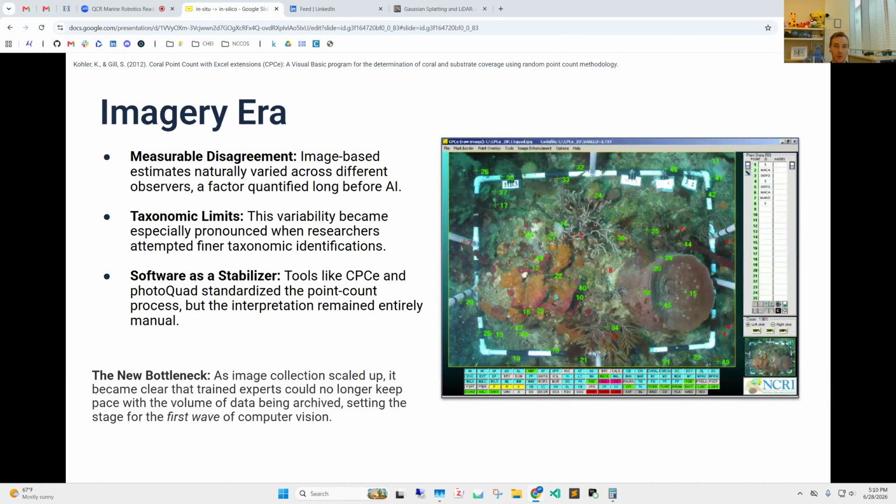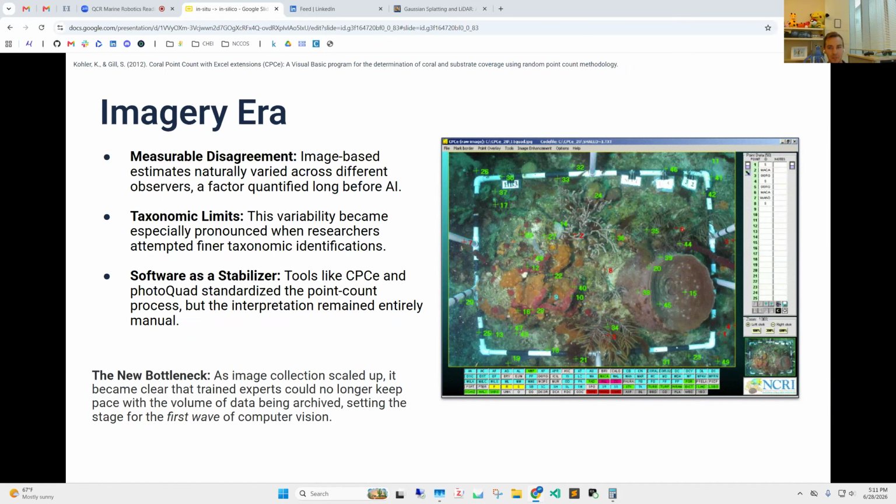And as researchers process more images, a new problem emerged, which didn't really exist at this scale beforehand: some human experts didn't always agree. So think about it, disagreement becomes a measurable factor.